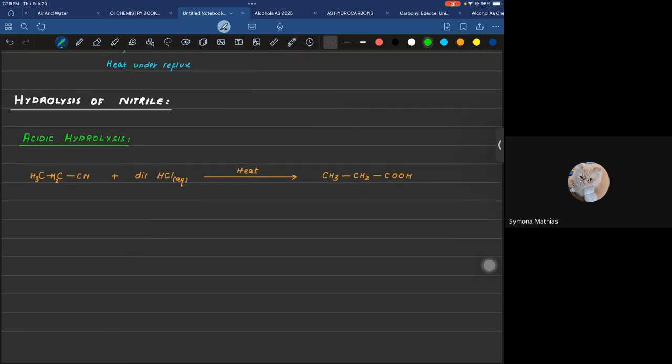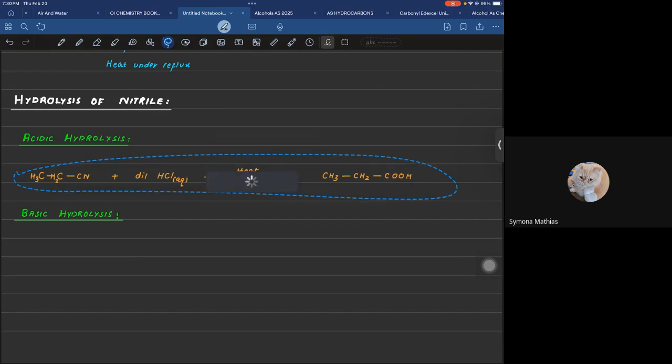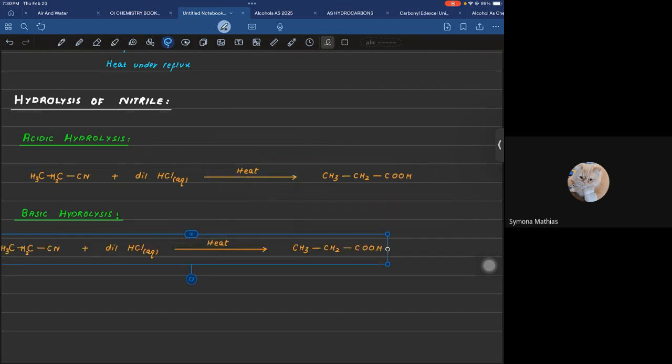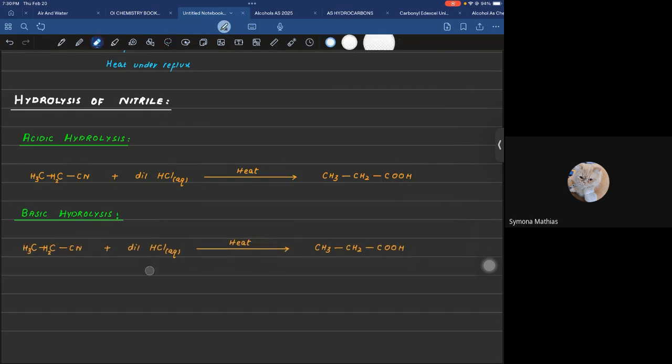If you do basic hydrolysis, again I am going to have water, but rather than acid I am going to use base. The reaction will be exactly the same, the same product, just like this. And rather than dilute HCl I am going to take dilute sodium hydroxide.